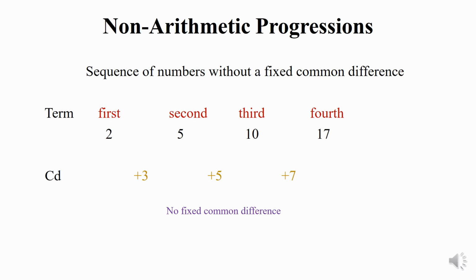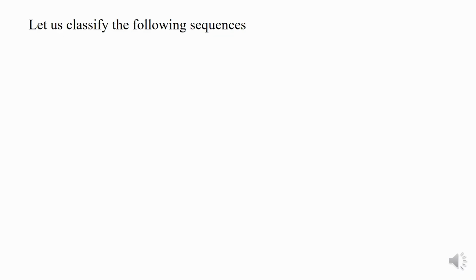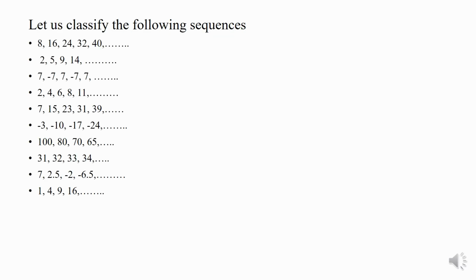Let us classify some of the examples given here, sequences which are in AP and non-AP. In the first one, 8, 16, 24, 32 and 40, they are the multiples of 8, and we can see that there is a fixed common difference, 8. In the second example, 2, 5, 9 and 14, between the second and first, 3 is there.